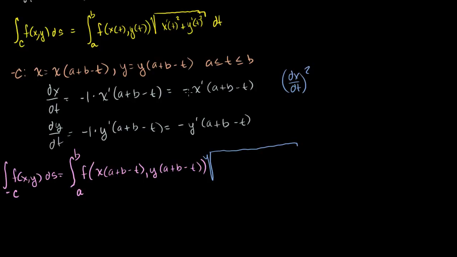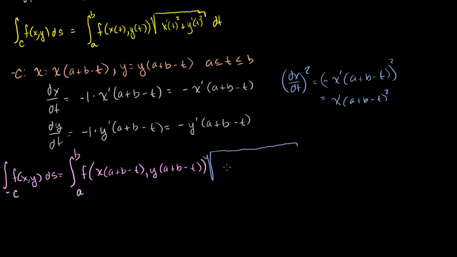And if I have minus anything squared, that's the same thing as the anything squared, right? This is equal to minus x prime of a plus b minus t squared, which is the same thing as just x prime of a plus b minus t squared. You lose that minus information when you square it.